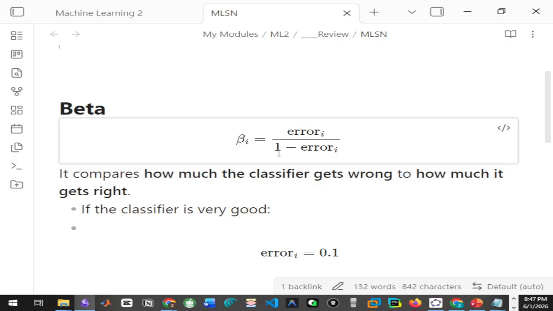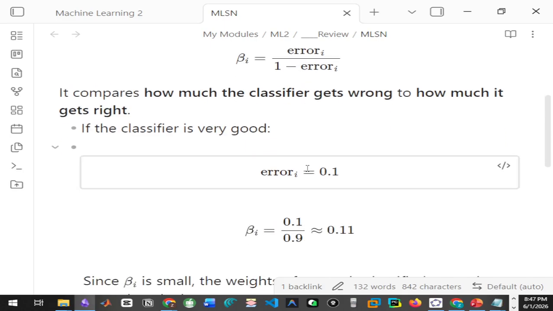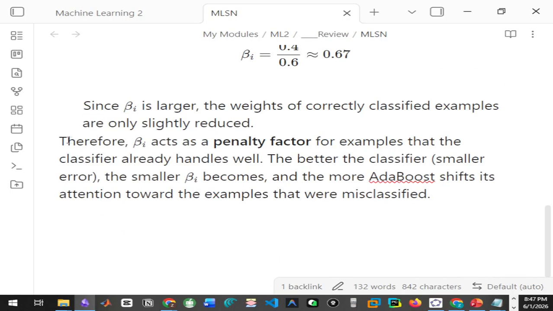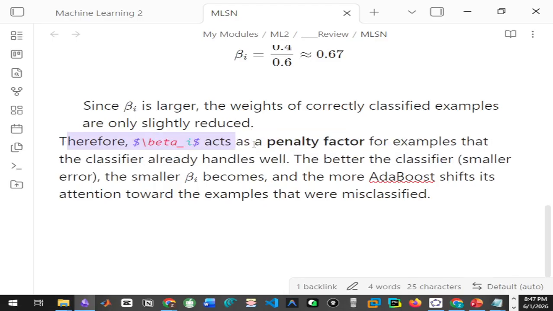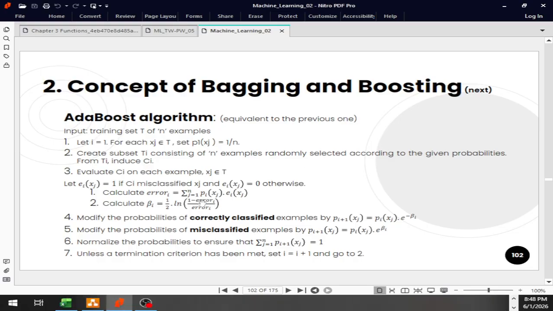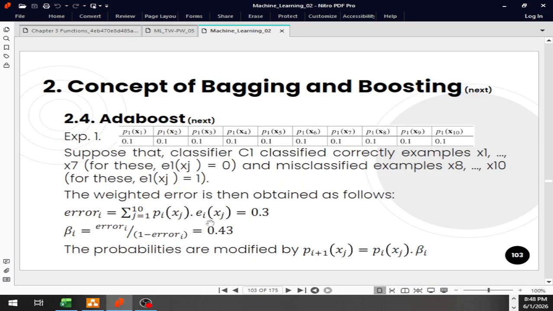So 0.3 to 1 minus 0.3, it's 0.3 to 0.7. This is our beta, and this is the best definition I found. Beta is a penalty factor. So it penalizes the error. And why we will need it, in the lecture notes example, you can see that. So this is the formula of beta. By seeing how it is used, you will better understand.